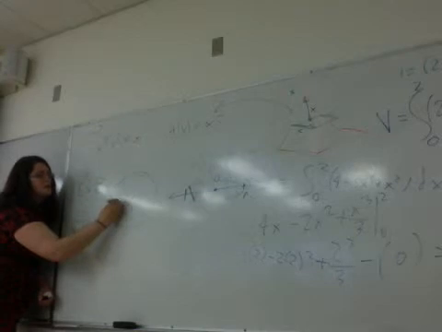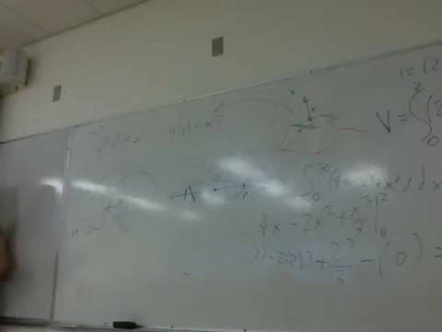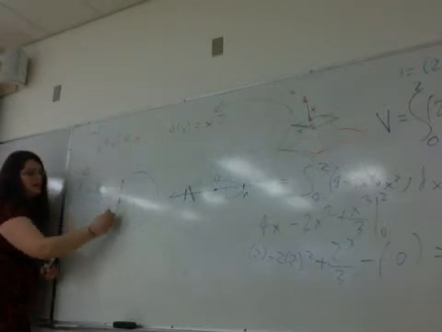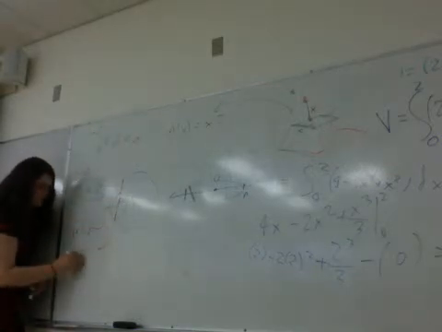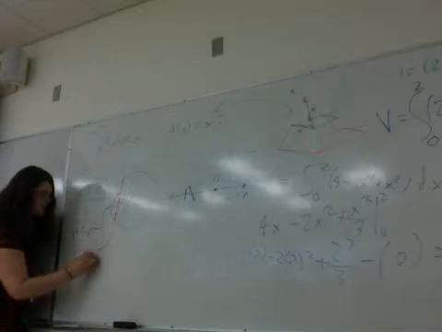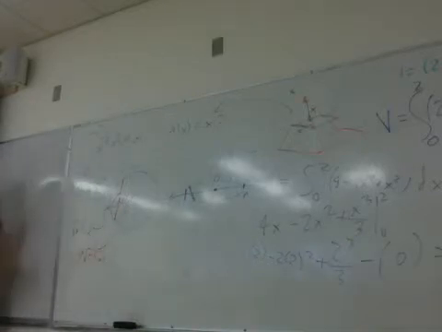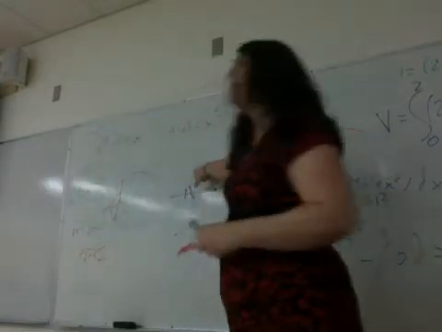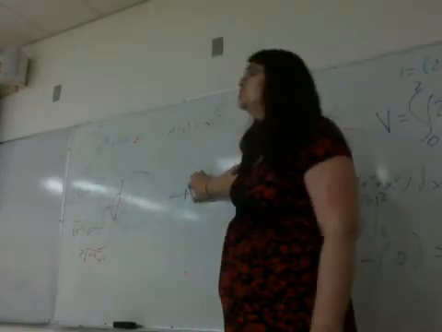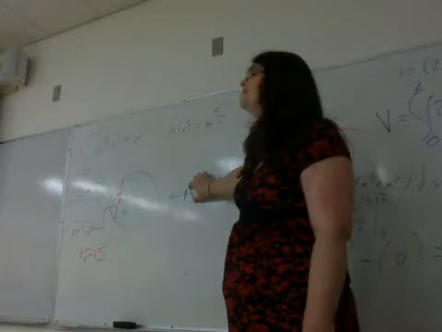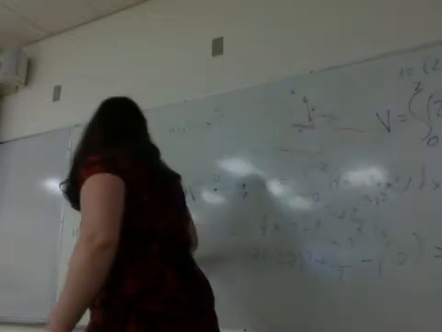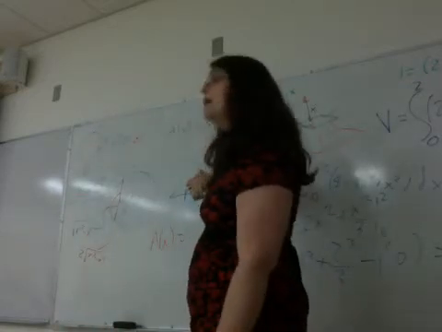This is a right angle triangle, which means that side of the triangle is the square root of r squared minus x squared, which means this red line here is 2 times the square root of r squared minus x squared. So if we want to find the area of a square, it's going to be this side length squared.